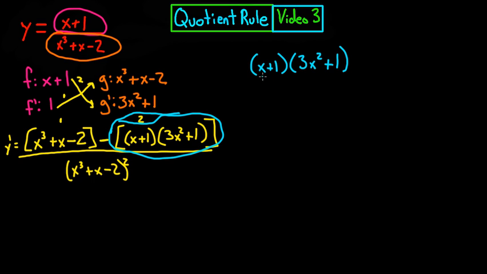So x times 3x squared is going to give us 3x cubed, plus x, because x times 1 is x, plus 1 times 3x squared, which is going to leave us with 3x squared, plus 1. So 1 times 1 is 1.